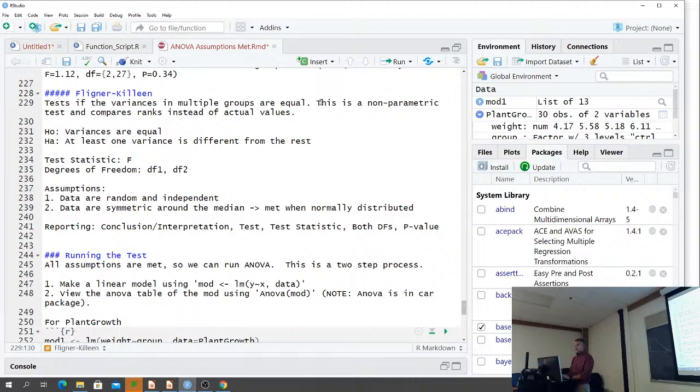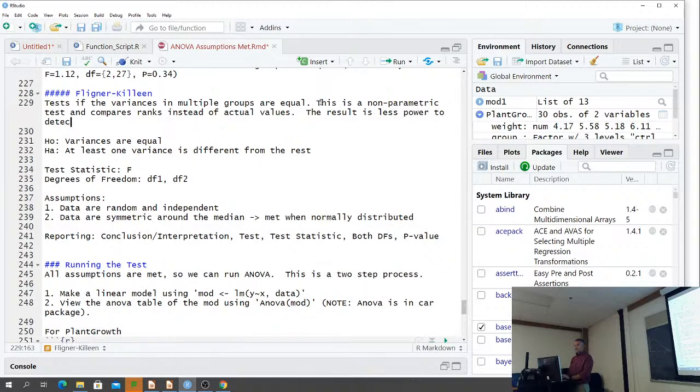So the end result is less power to detect a difference between the variances. That's going to be our effect. It's just kind of like the sign test.